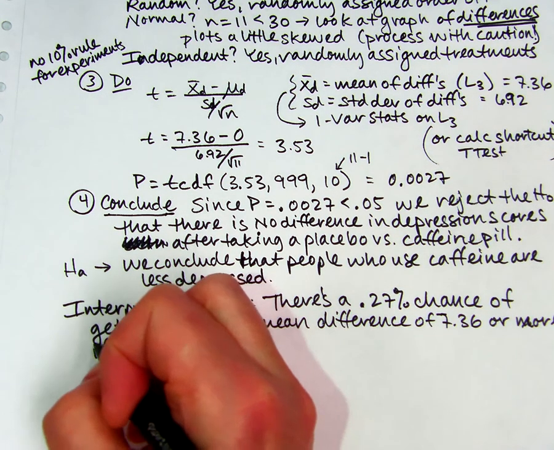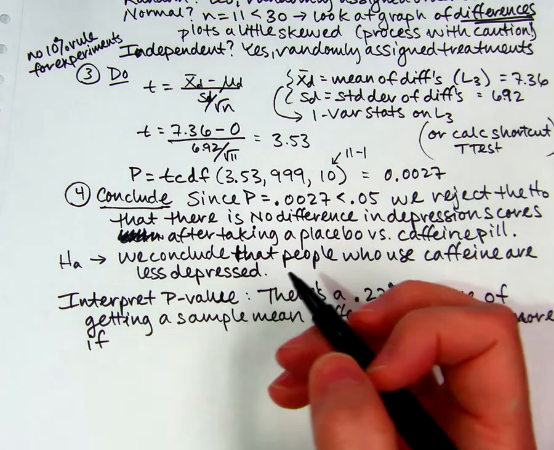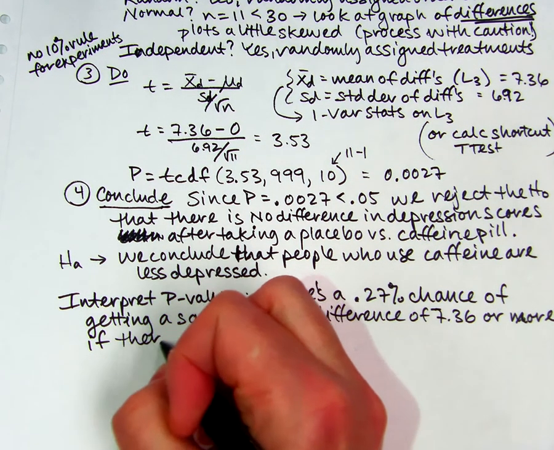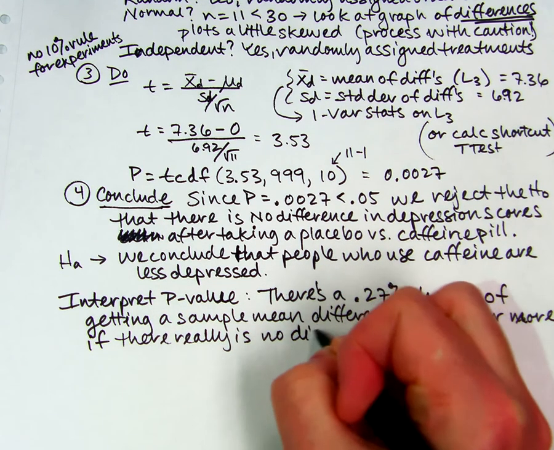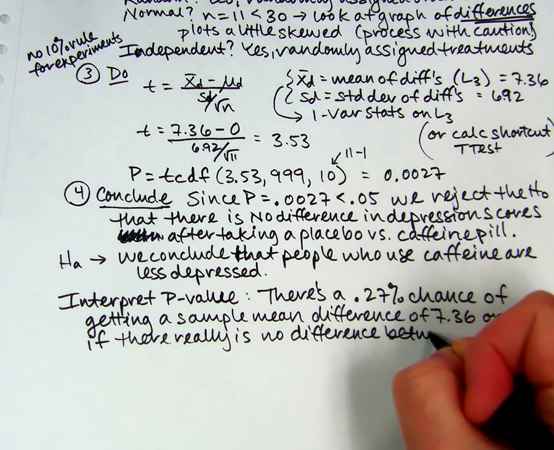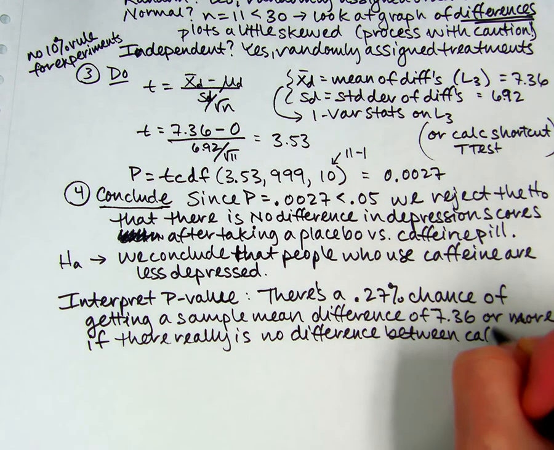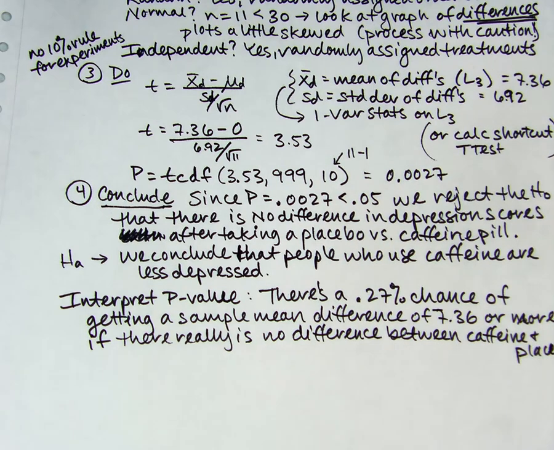If the null is true, but I'm translating that statement also, if the null is true, that there really is no difference between caffeine and placebos. So that's interpreting the p-value. And I'm going to stop there, and we will come back and review for the next lesson.